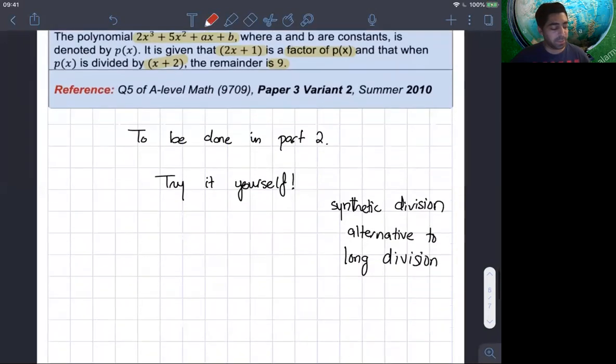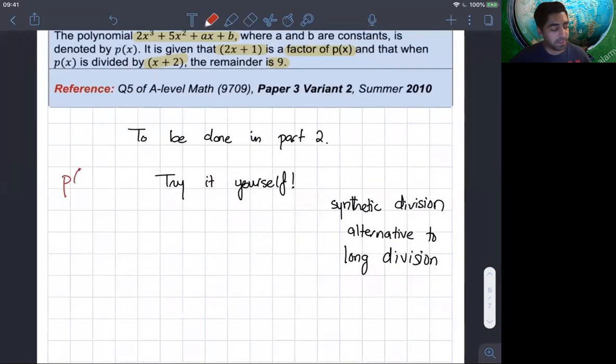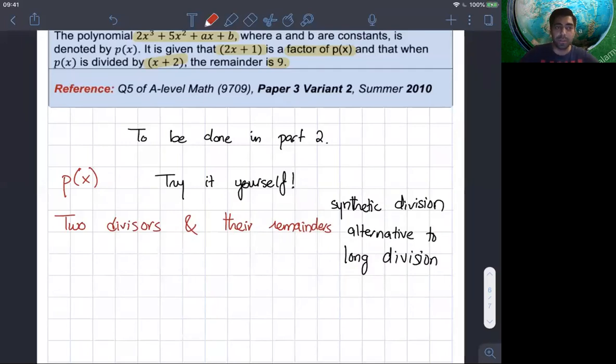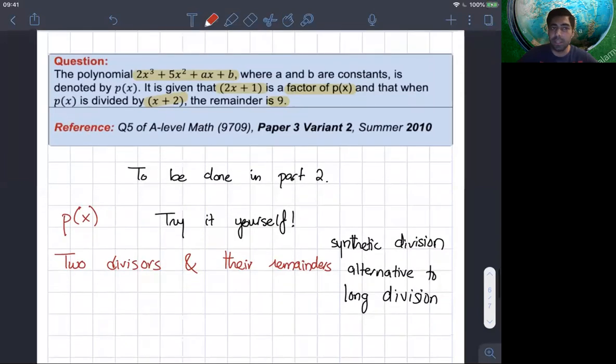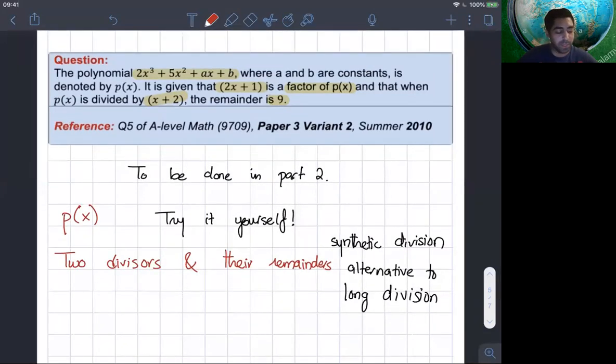So basically, what is the question giving us? It's given us a polynomial, p of x. It has given us 2 divisors and their remainders. Now, obviously, since we're doing remainder and factor theorem, that means those must be required in this question.